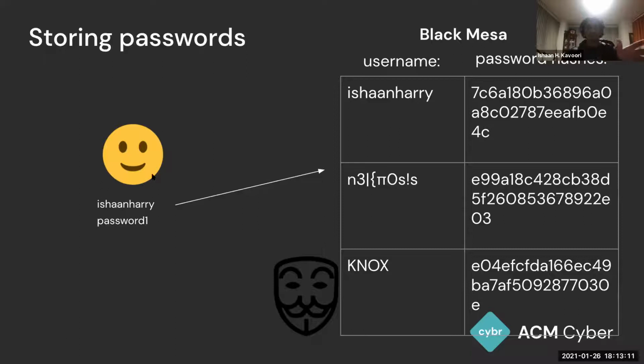Now, when I want to log in with my account, I give my username and password, and the service will convert the password I enter into the hash, and then it'll compare the hashes. And then it'll say, okay, that is you. You may log in. And so now if the bad guy over here gets the information from the database, all they'll have is the password hashes, which they cannot use to log in. They'll need the original password.